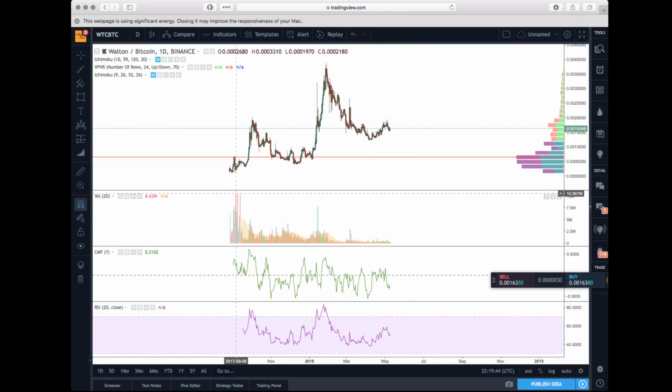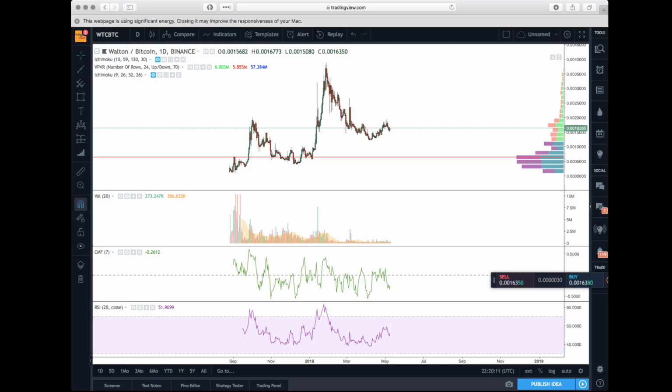The thing that's not so great looking is just the volume. You know, we do have falling volume with a bullish trend. I mean, you really want to see the volume increasing. That's a better sign, but it's not the end-all sign.